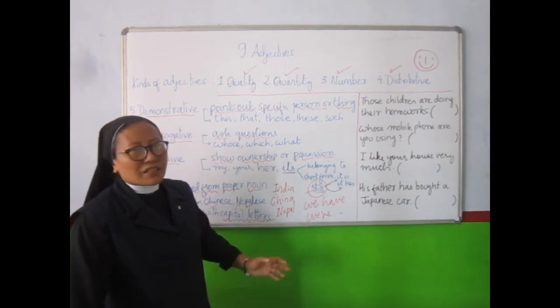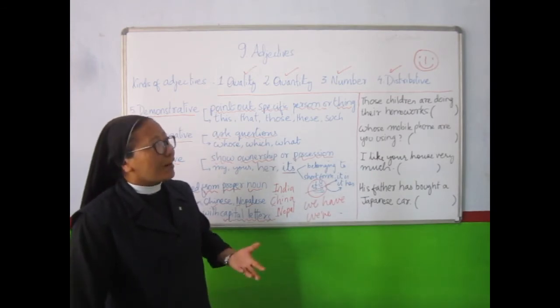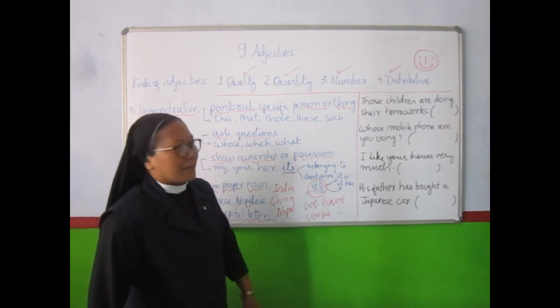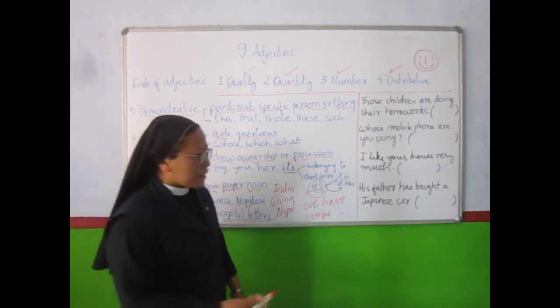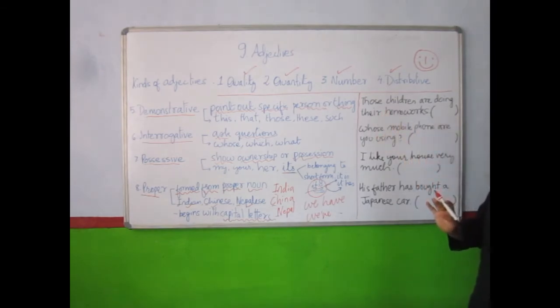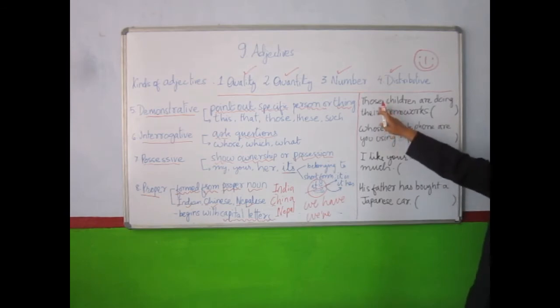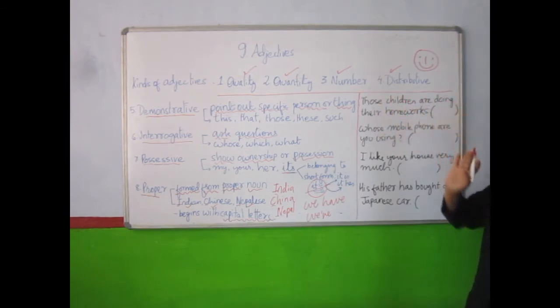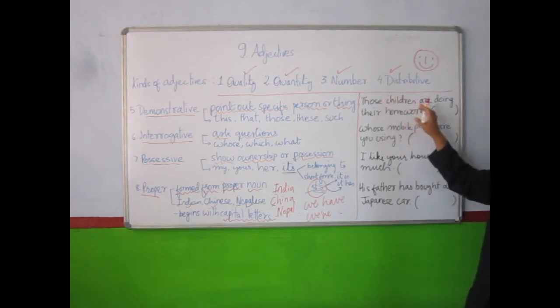Each one of you can try. Better I stand this side so that it will be easy for me to underline the word that you are telling me. The first sentence: Those children are doing their homework.